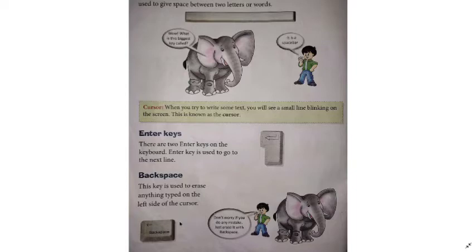So you have to move to left side. And whenever you move left, you will use backspace key. Whenever you have to cut something, delete something that you don't want in your paragraph, in your essay or anything you are writing, you have to use backspace key. It is along with this arrow. Look, it is also indicating left. It means to delete something, it will move to the left side.